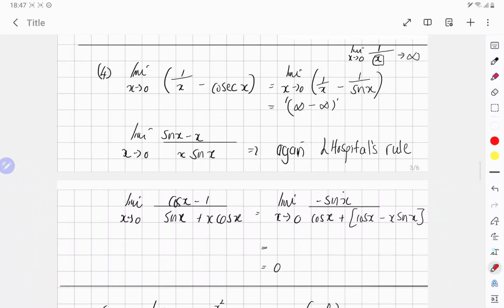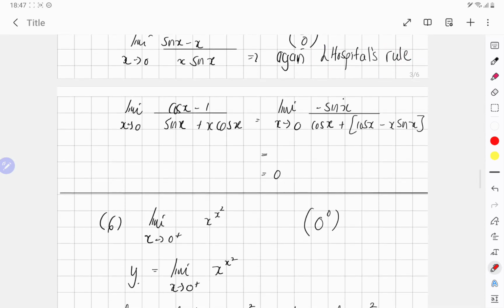Now, what do we see? If I substitute 0, I get 0 minus 0 at the top, and at the bottom I get 0. What must you realize now? That you again get L'Hôpital's, and hence you will do the L'Hôpital's rule again.